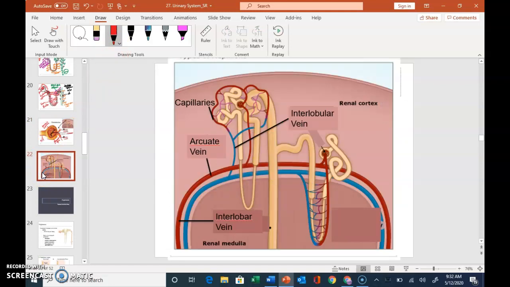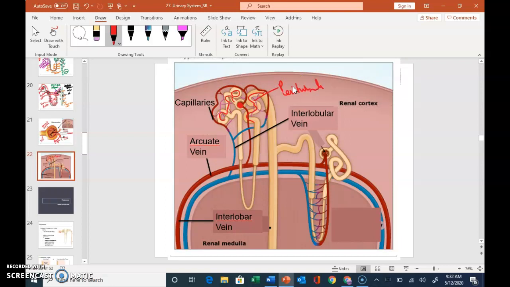Okay. So this is just another representation. I just want you to see that this is the first capillary bed, the glomerulus, and if you notice the proximal convoluted tubule and the distal convoluted tubule, there is this pink colored capillary net that is covering them up, and this capillary net is called the peritubular capillary.